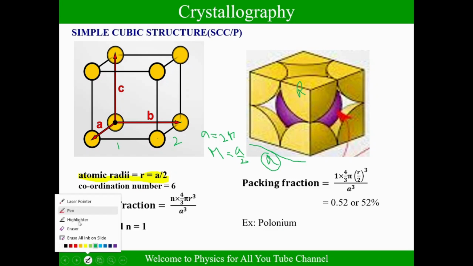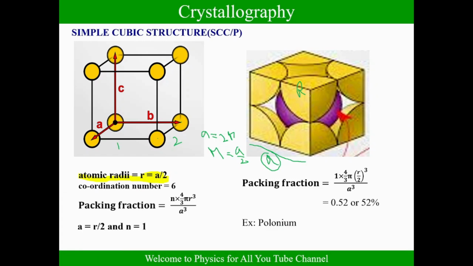Now, from this reference atom to the other corner atom, measure the distance. These two atoms are neighbors. Then consider this reference atom and the distance between these two atoms. It is also the same distance a. So according to the definition, this atom is nearer to the reference atom.